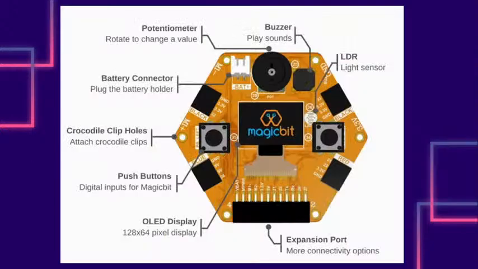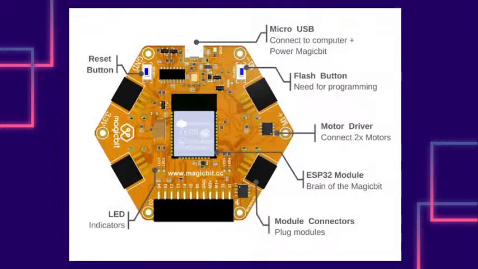Okay, so this is the front side of the Magicbit. Here it has marked the components or the inbuilt features in this Magicbit. There are some inbuilt sensors and actuators, and some ports for extra connections. And this is the back side of the Magicbit.